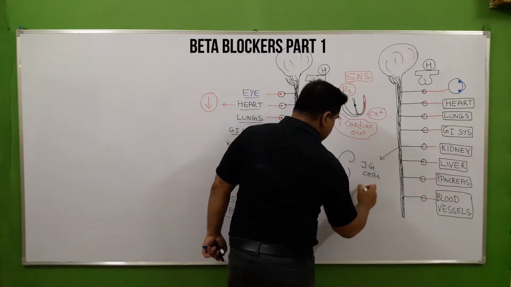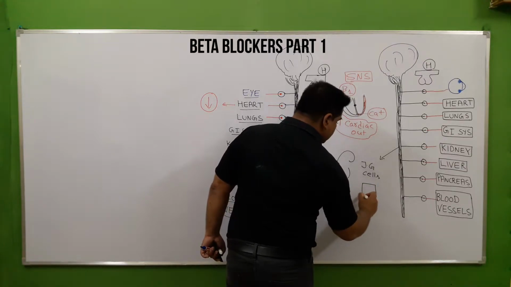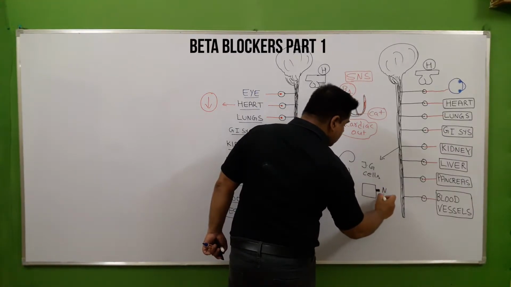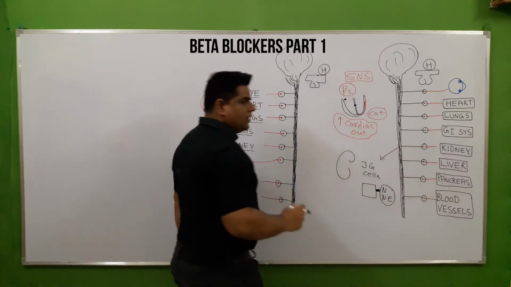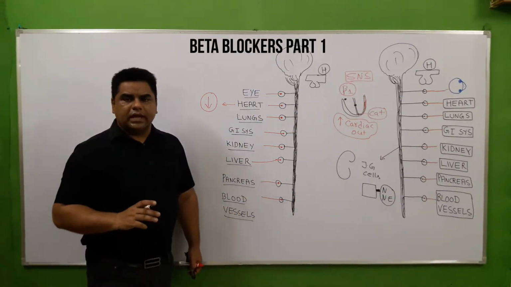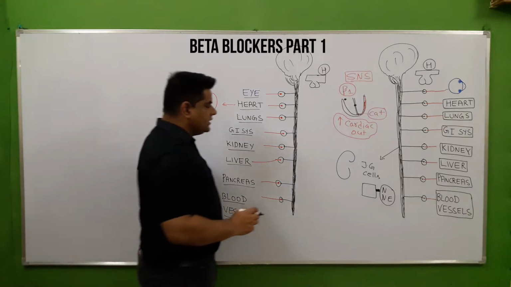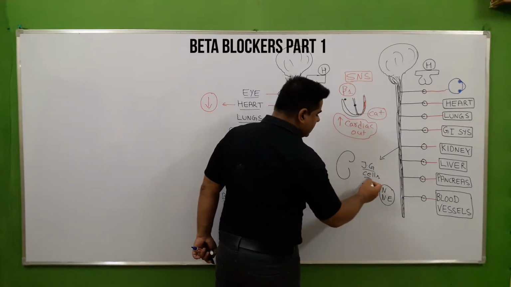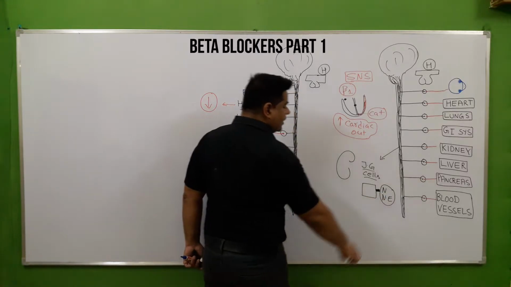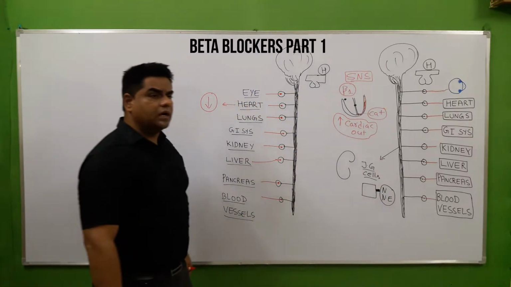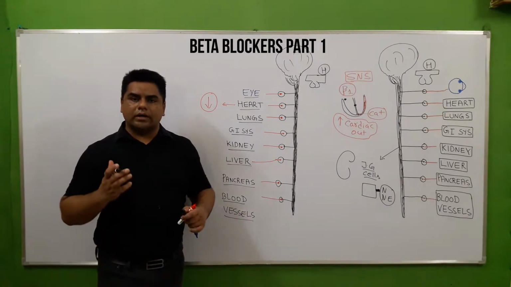When we talk about kidneys, we know that kidneys have the juxtaglomerular apparatus, or JG cells. These cells have receptors for epinephrine and norepinephrine. Is everybody clear till now that JG cells in the juxtaglomerular apparatus have receptors for epinephrine and norepinephrine, adrenaline or noradrenaline?